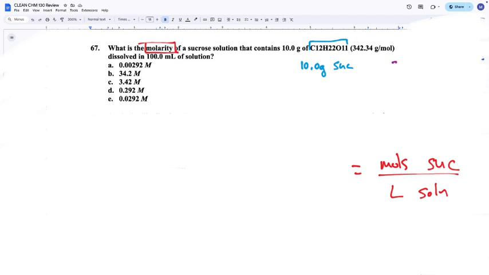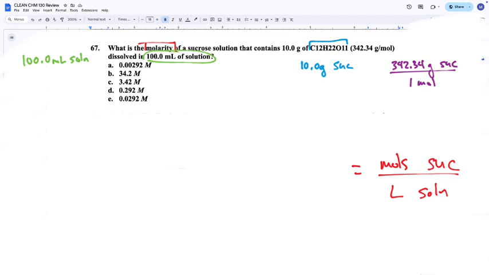They also tell me that 342.34 grams of sucrose is 1 mole, and immediately note that I'm writing that out in that fraction instead of using the line thing. And then I'm also told that I have 100.0 milliliters of solution.